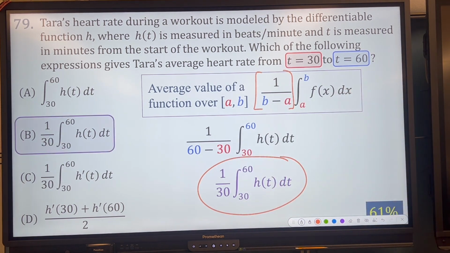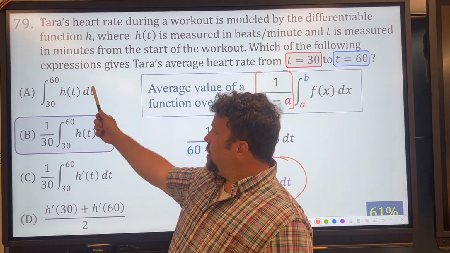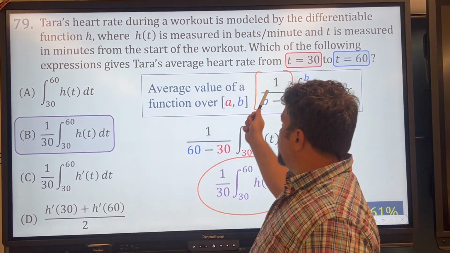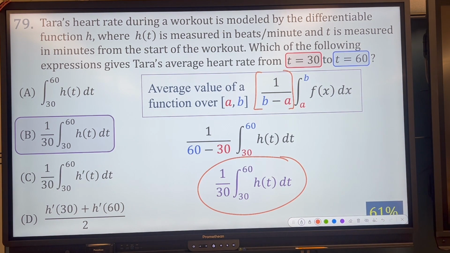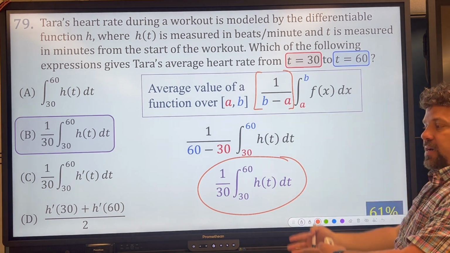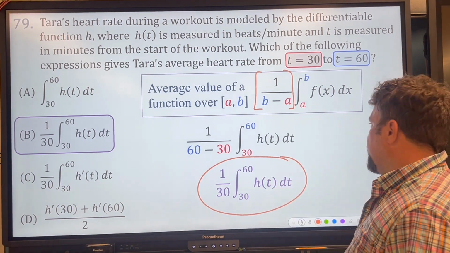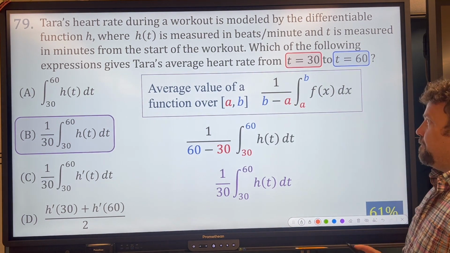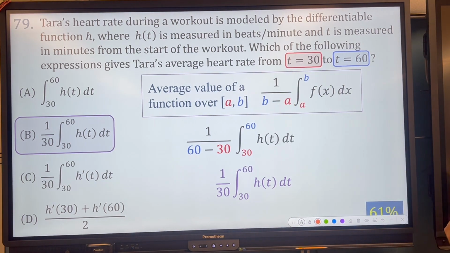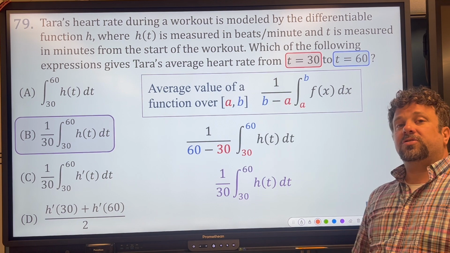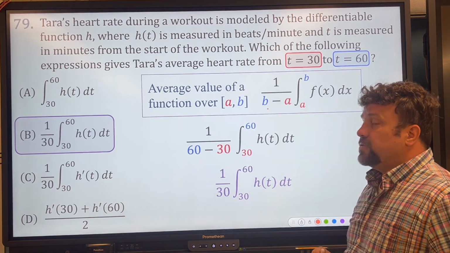The answer would be B. The biggest mistake made with this is a lot of people put A because they forget the beginning. You want the average, so it's 1 over the difference in x's, pretty much. Only 61% of students got this right, so a lot of people do get tricked. Do not forget the beginning of the average value formula.